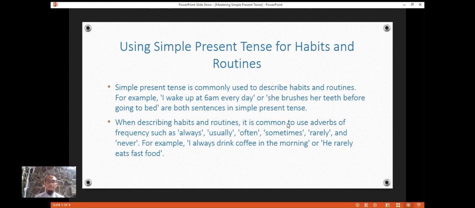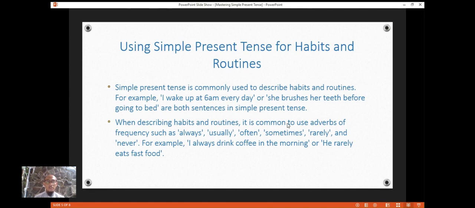Using simple present tense for habits and routines. Simple present tense is commonly used to describe habits and routines. For example, "I wake up at 6 a.m. every day," or "She brushes her teeth before going to bed," are both sentences in simple present tense.